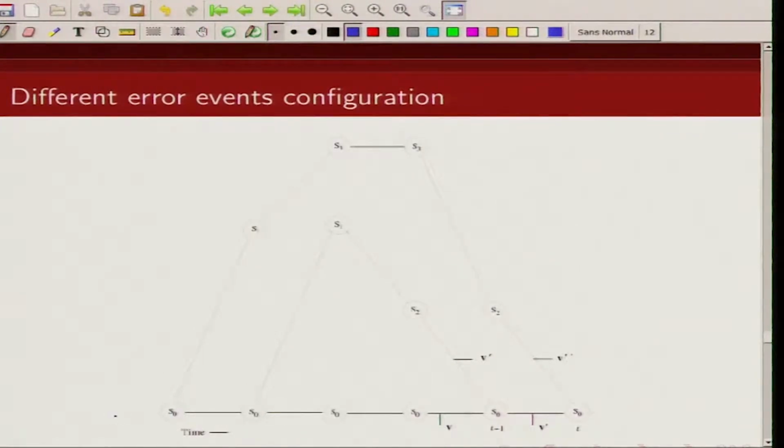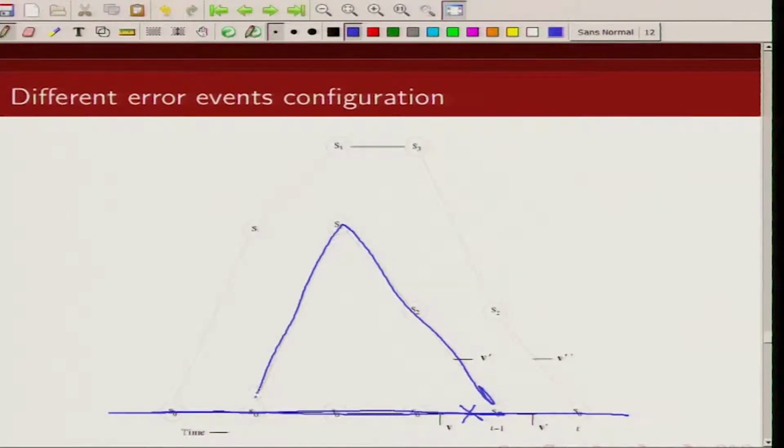For example, this is your all 0 state. So, you were here at all 0 state, when you came to this point, you notice that this metric was better than this metric. So, you discarded this and you decided in favor of this particular code word, which is your code word v dash, but then when you came here, again this metric was better than this. So, you discarded this and you decided in favor of this.